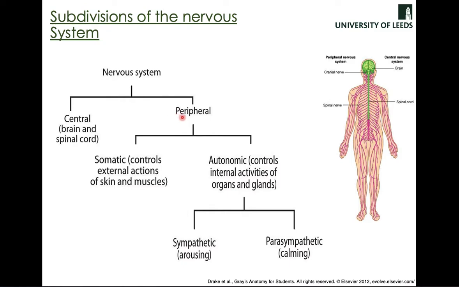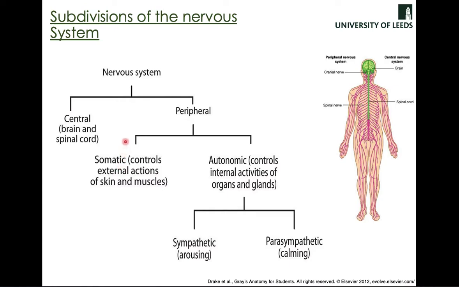We should know that the peripheral nervous system consists of the somatic nervous system, which is controlled by us and we perceive it consciously, such as the actions of our voluntary movement, as well as what we are feeling through our skin. So this is what we call the somatic nervous system. We are conscious of what's happening in our external environment.